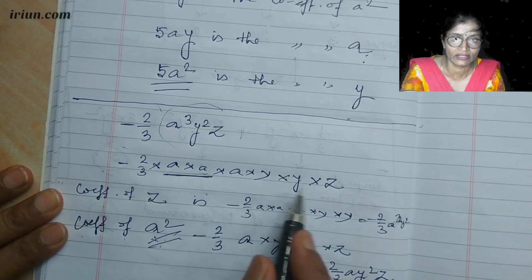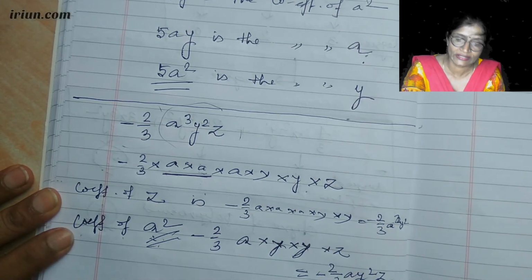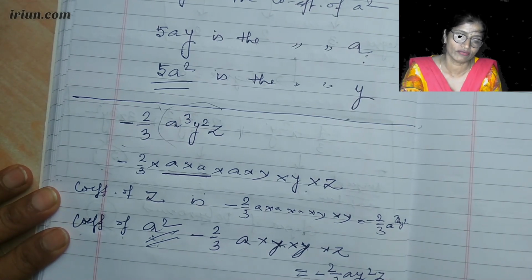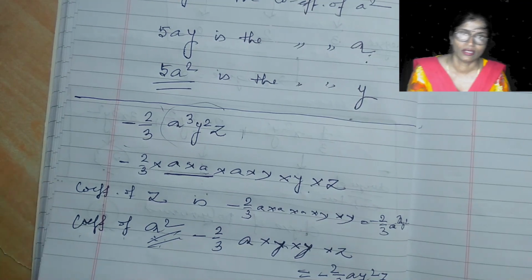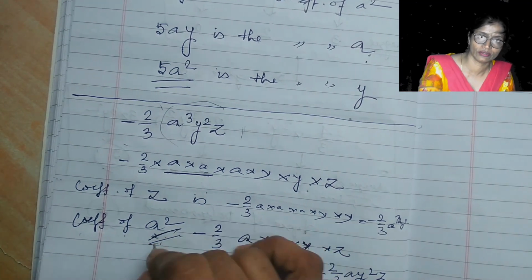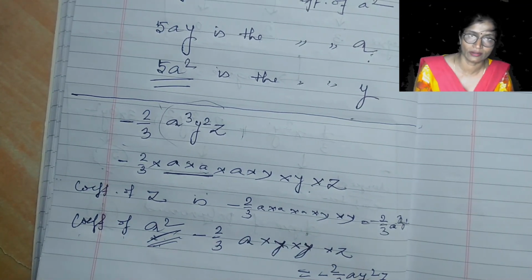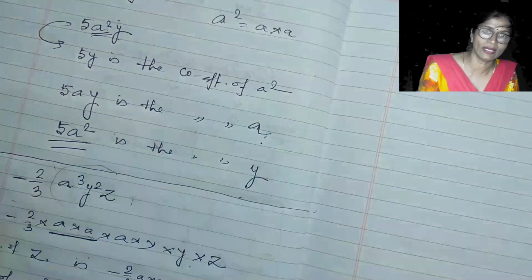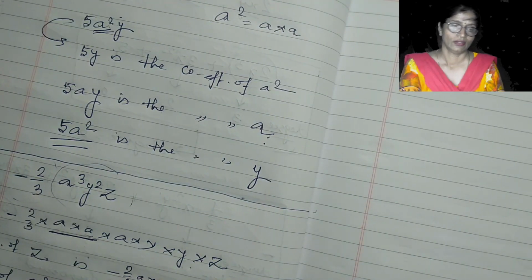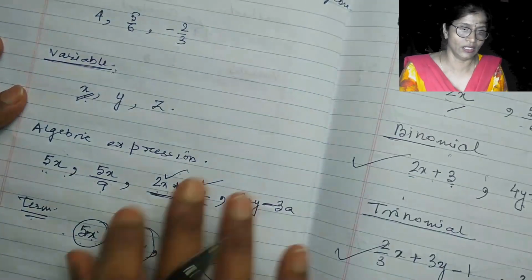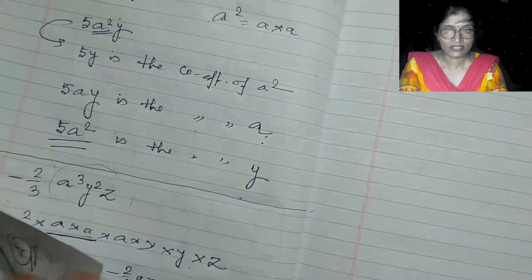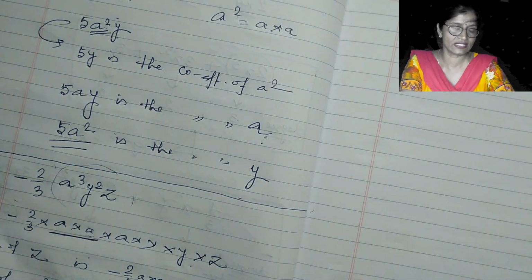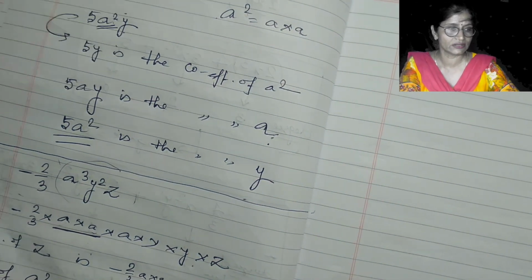Whatever is left, this quotient, will be the coefficient of that particular a square. So this is all about the terminology associated with algebra.